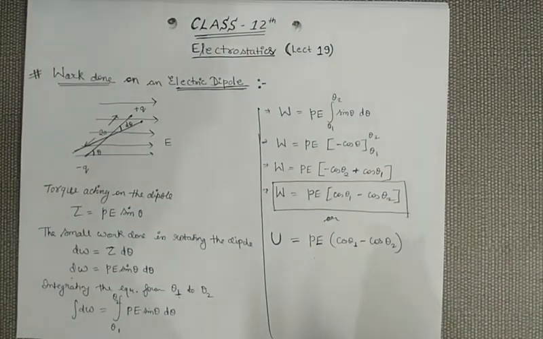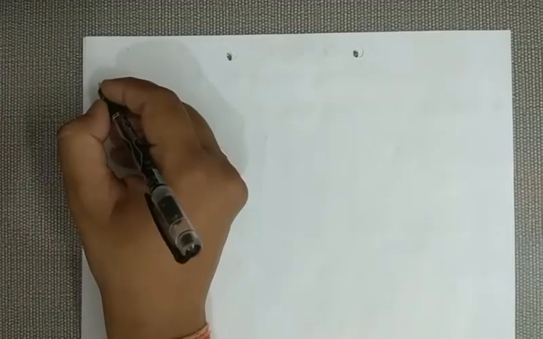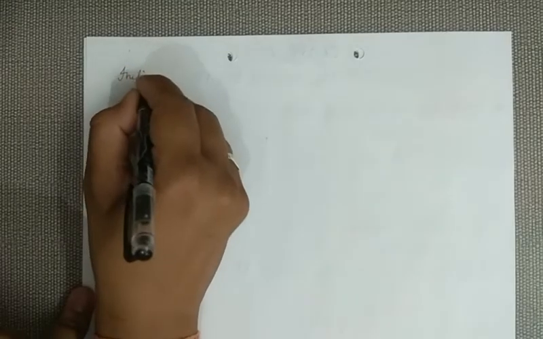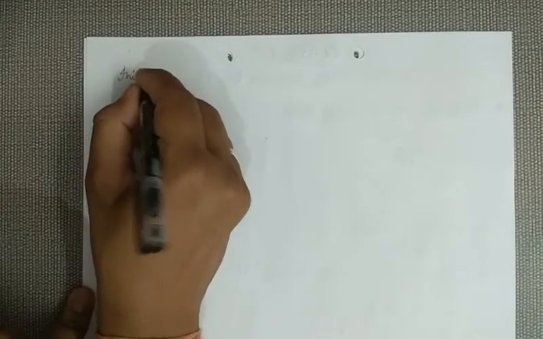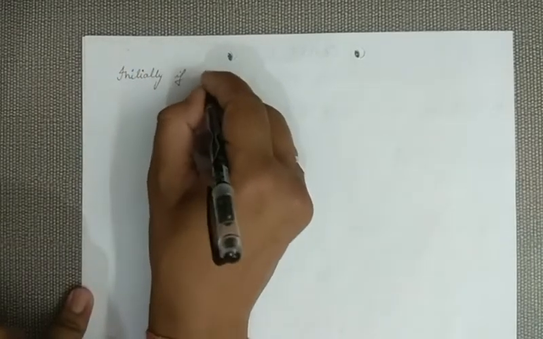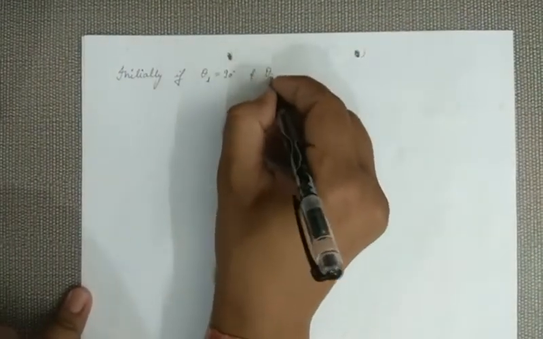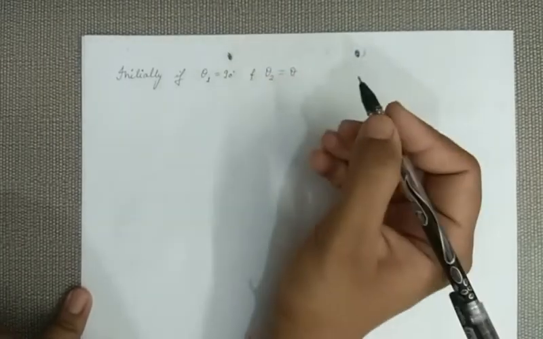So let's move forward. There are some cases in this. Now just take a condition. Initially, if theta 1 is 90, meaning my first angle is 90, and theta 2 is theta, just any angle.